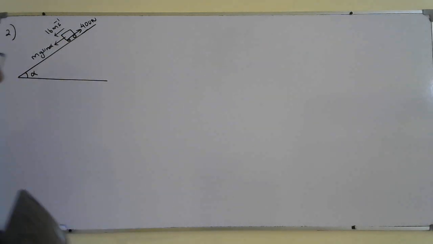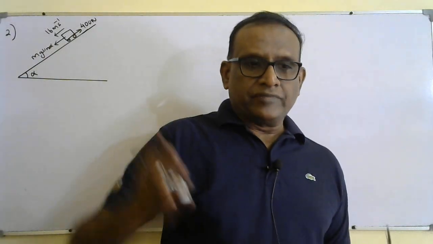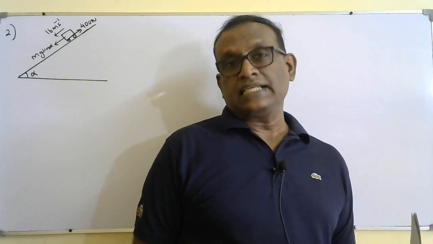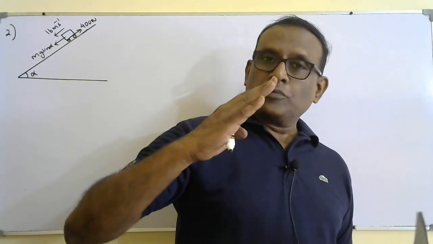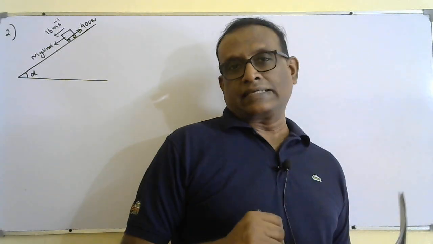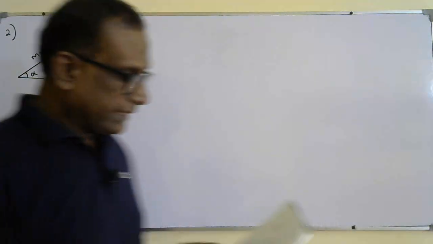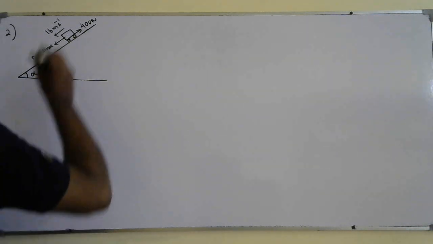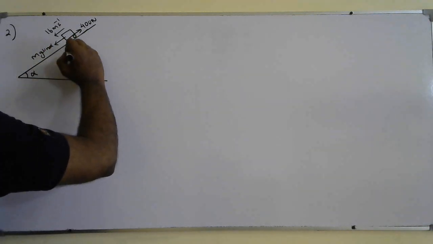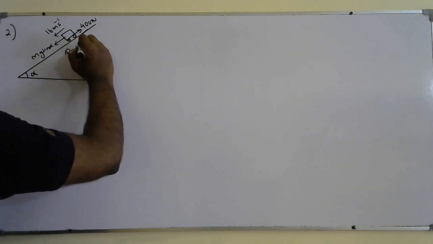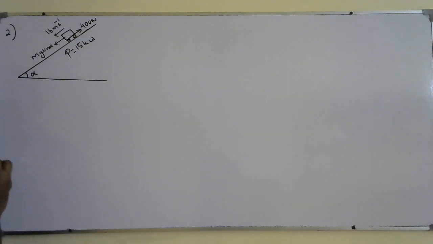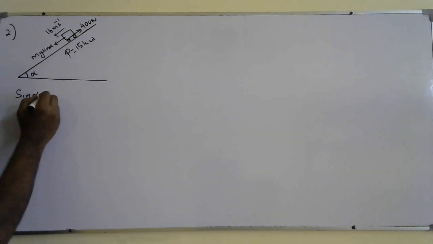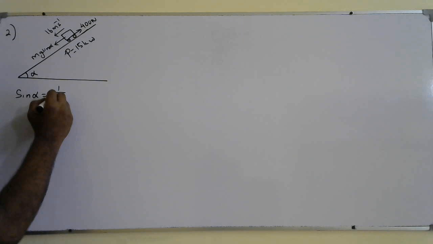In my previous papers, I already explained. The component of the weight along the slope is equal to mg sin alpha, and the component of the weight perpendicular to the slope is given by mg cos alpha. Remember that. The mass of the car is 900 kilograms, that's given. The power output of the car is 15 kilowatts. And also it's given sin alpha is equal to 1 over 12.